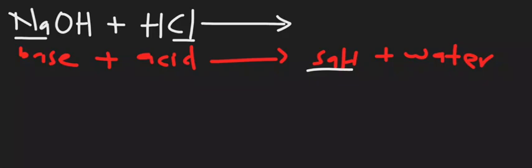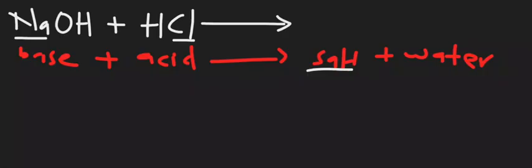So in our case, we are having hydrochloric acid, and the radical or anion in the hydrochloric acid is chloride ion, and the metal in the base is sodium metal. So the name of the salt will be sodium chloride.